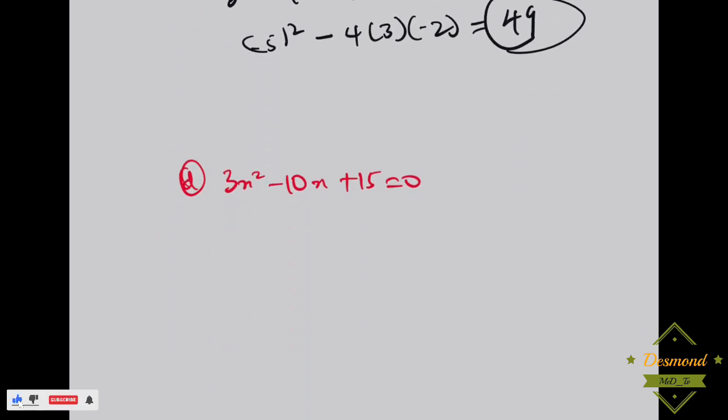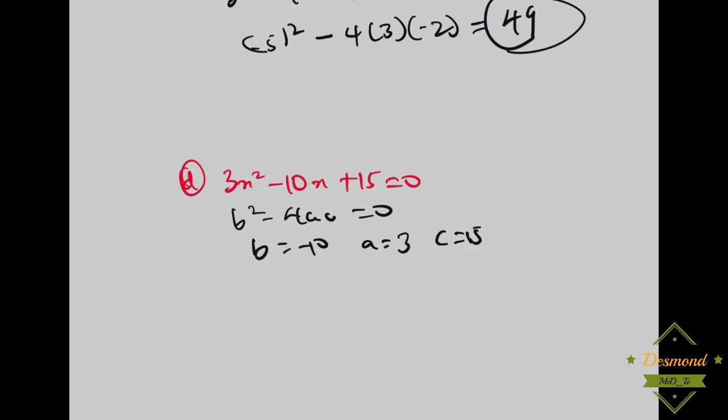With our last example, we have 3x squared minus 10x plus 15 equal to 0. We use the formula b squared minus 4ac, where b is negative 10, a is 3, and c is 15. So we have negative 10 squared minus 4 multiplying 3 multiplying 15.